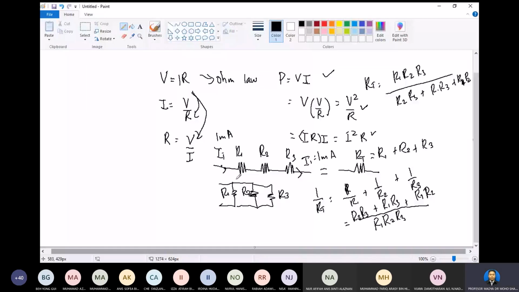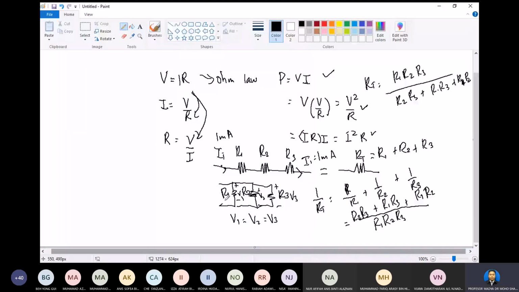But for the voltage it will be different. Voltage will be different for the series. The voltage will be the same in parallel. For example, we have here V1, V2, V3. That means voltage in parallel will be the same. So V1, V2, V3 will be the same.